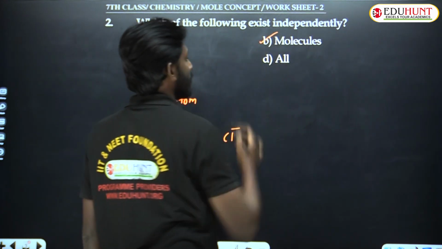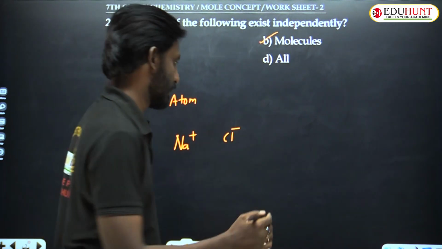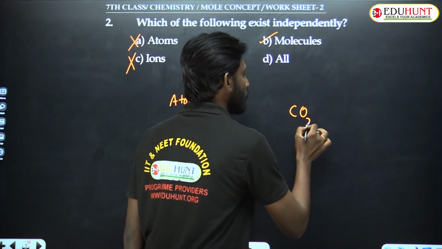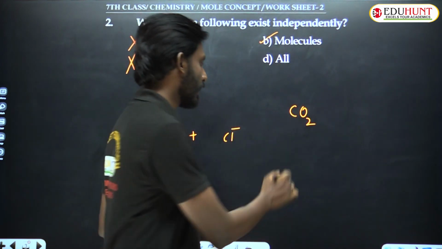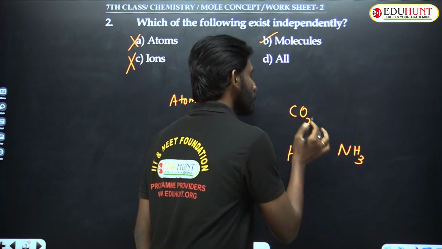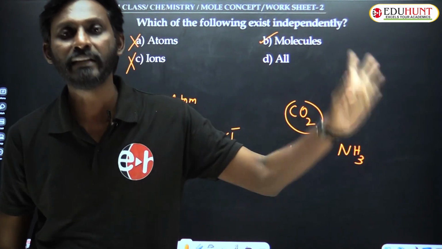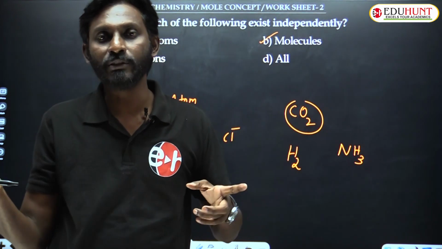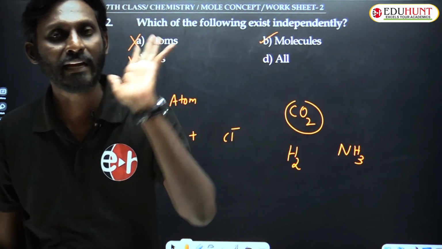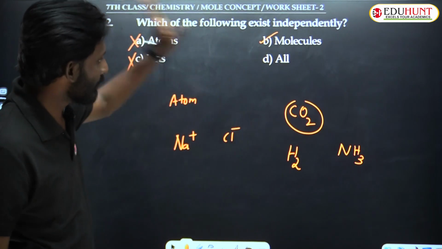Molecules, yes, a molecule can exist independently. You take a CO2 molecule, an H2 molecule, an ammonia molecule. One molecule can exist freely, independently, whether another molecule is present or not. So the best answer, the single best option, is that one.